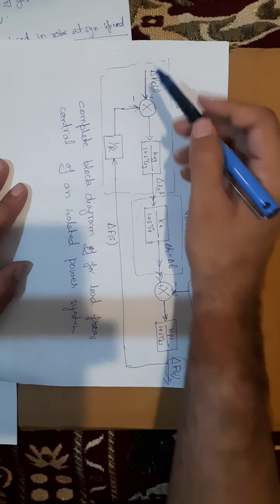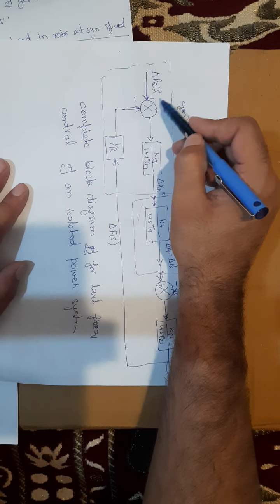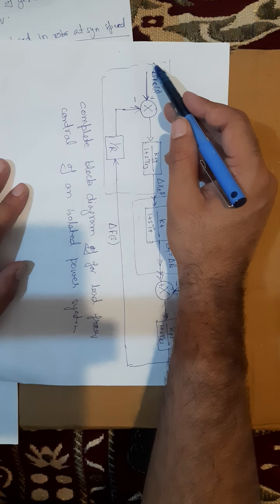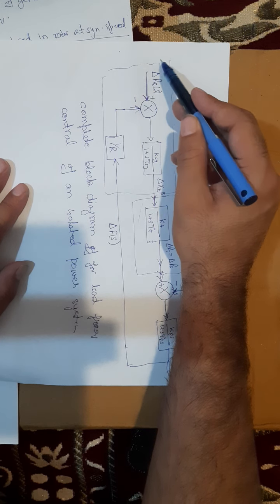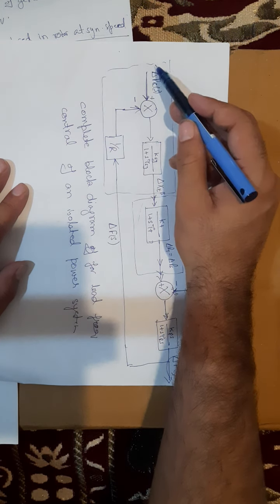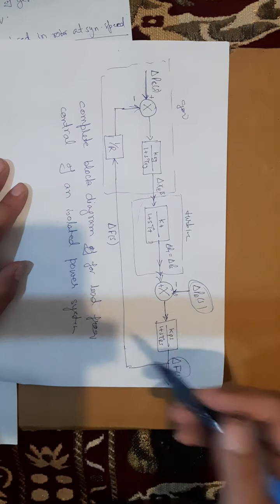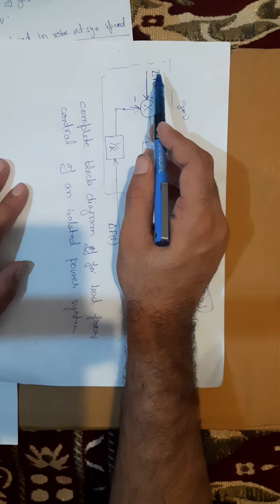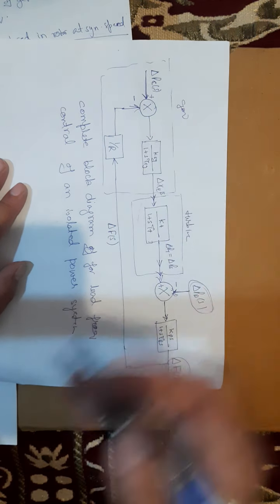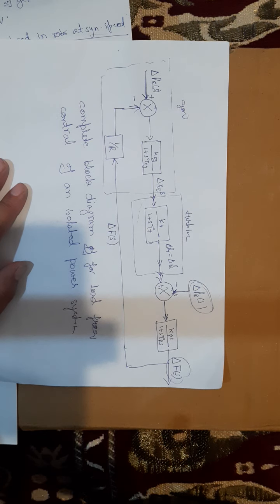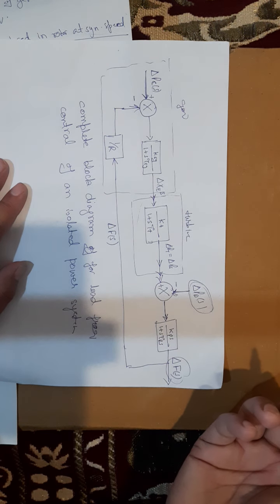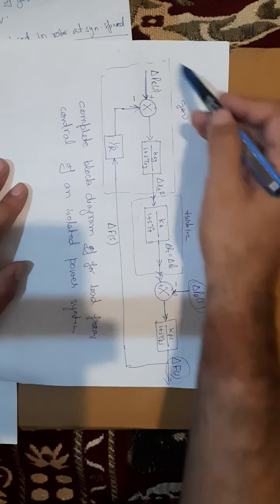What if the change in the speed changer position is fixed? It is fixed means we are keeping delta PC equal to 0. At that time we say it is a governor free action, because the governor is not acting.